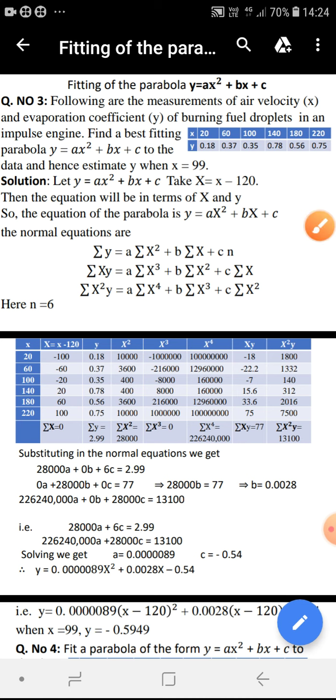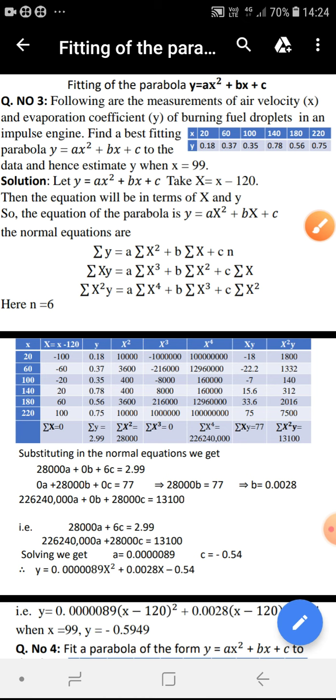Then the third normal equation: in the equation y equal to ax square plus bx plus c, to each term on both sides attach summation x square. So left side becomes summation x square y equal to a into summation x power 4 plus b into summation x cube plus c into summation x square.